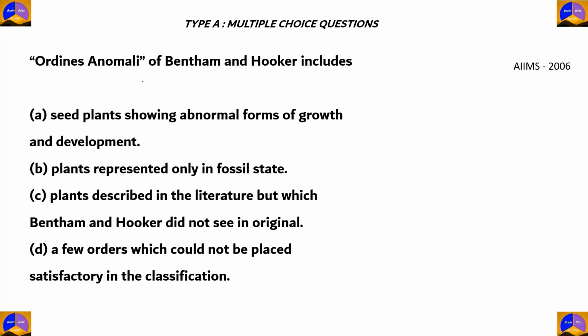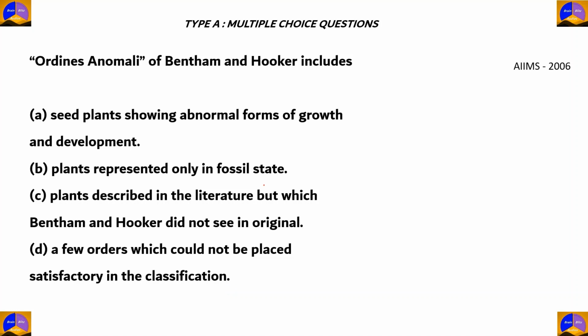Ordinous anomaly of Bentham and Hooker includes A. Seed plants showing abnormal forms of growth and development. B. Plants represented only in fossil state. C. Plants described in literature but which Bentham and Hooker did not see in original. D. A few orders which could not be placed satisfactorily in the classification.